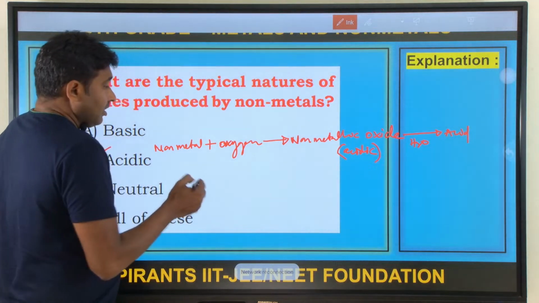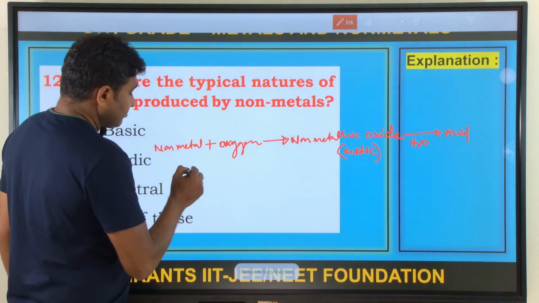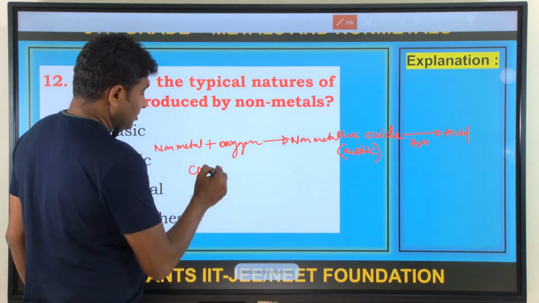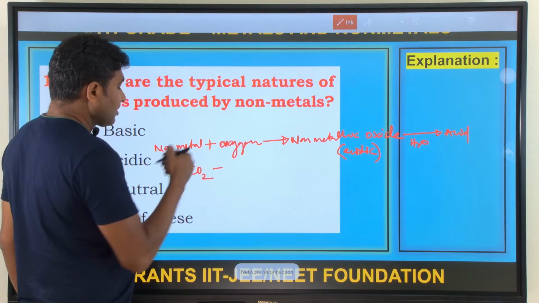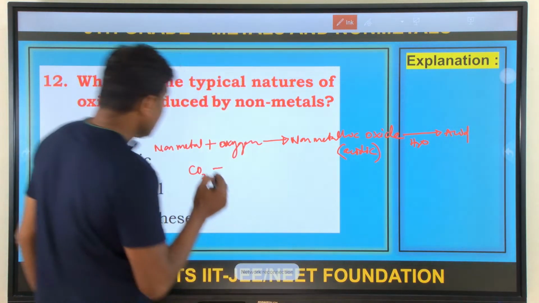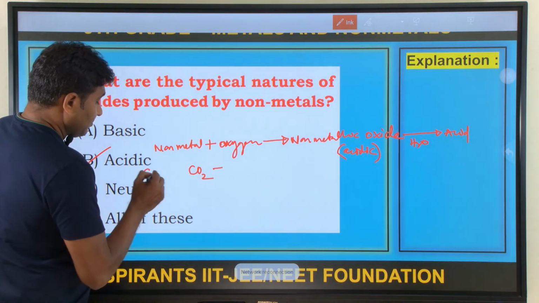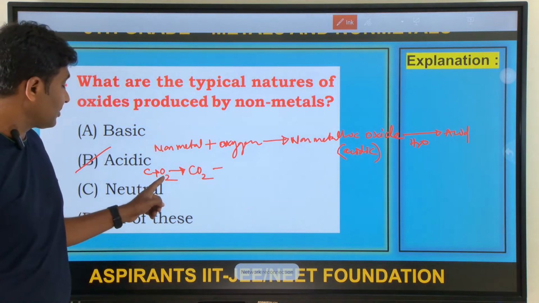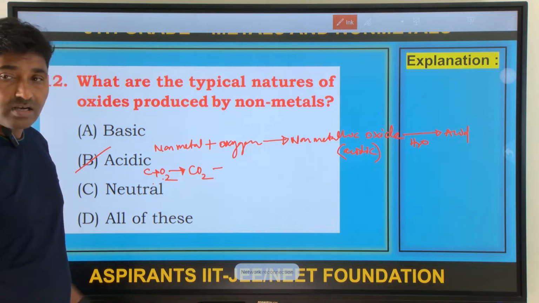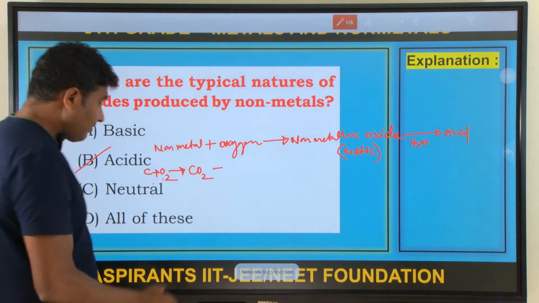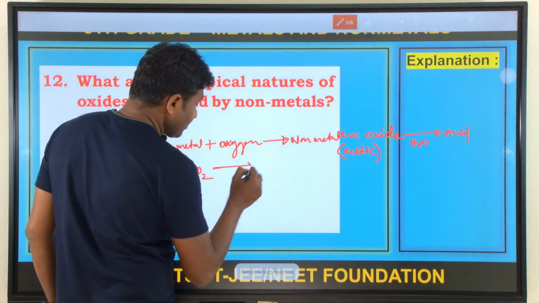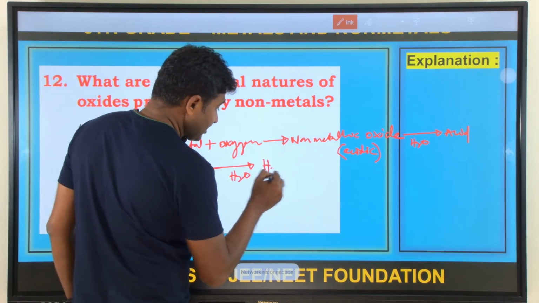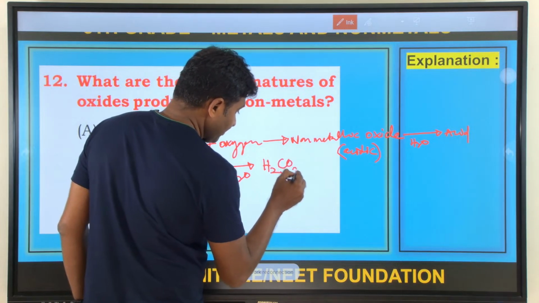Example, if we take CO2, a simple non-metallic oxide. I will come from the first step onwards: C plus O2 gives CO2. A non-metal reacts with oxygen, giving rise to a non-metallic oxide, that is carbon dioxide. When this carbon dioxide dissolves in water, it gives rise to carbonic acid, H2CO3.